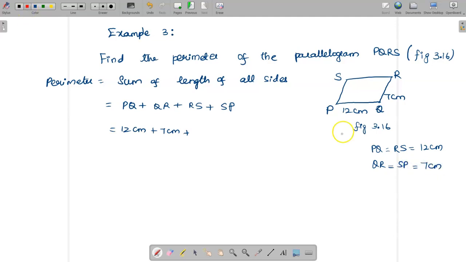Because opposite sides are equal. So whatever we have determined, we can write here itself. RS I know is 12 centimeters, and SP I know is 7 centimeters.